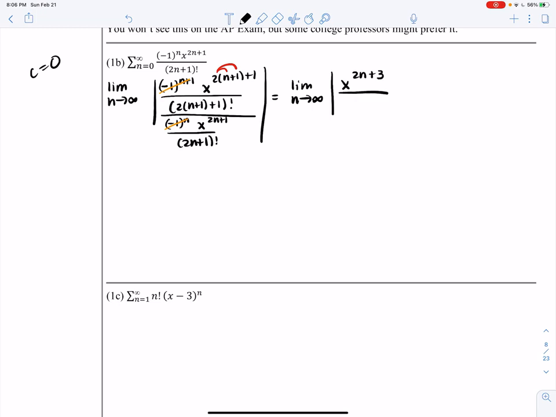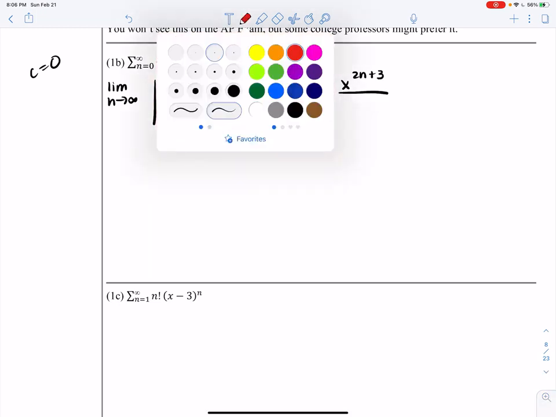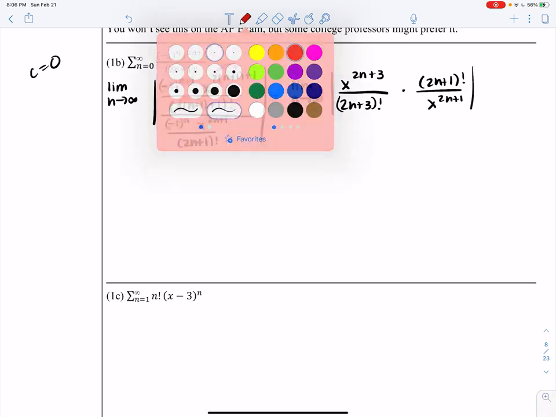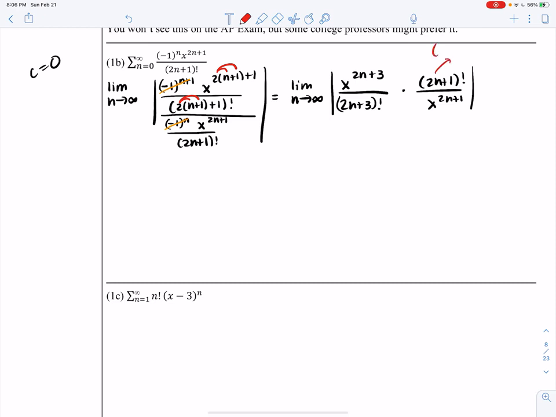In the denominator, again, we could do that same thing. 2n plus 2 plus 1 is going to give me 2n plus 3 in parentheses factorial. Multiplying by the reciprocal, we have 2n plus 1 factorial and x to the 2n plus 1, close brackets. Now I want you to do a little bit of work with your factorials, because remember, this one would start at 2n plus 1, then go to 2n, 2n minus 1, 2n minus 2, so on and so forth.